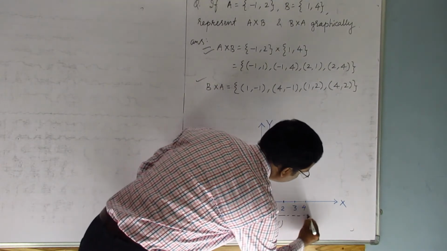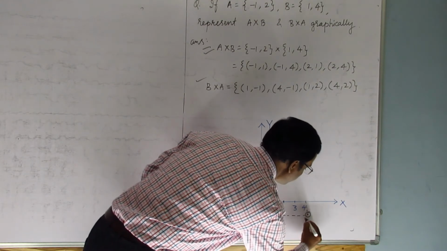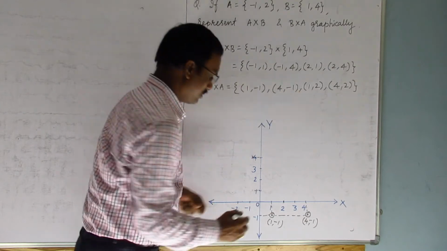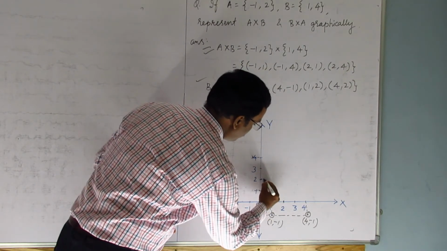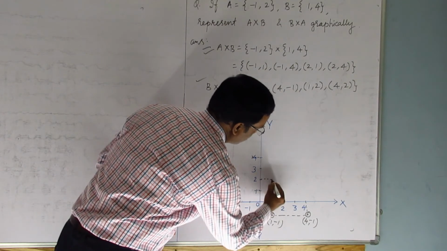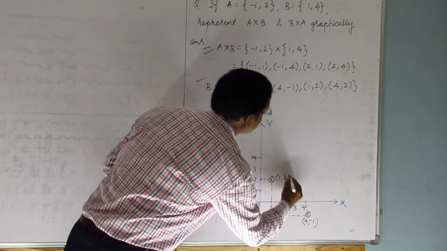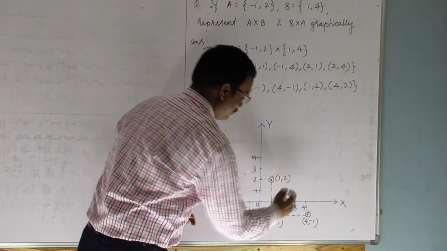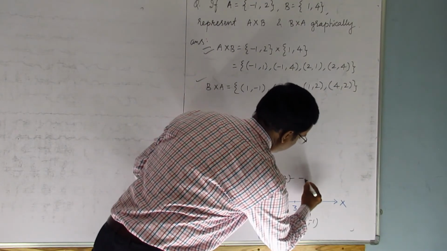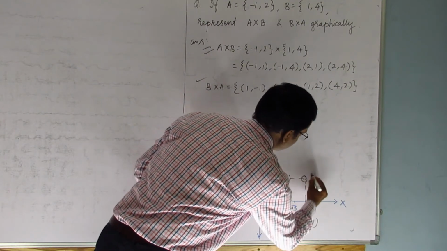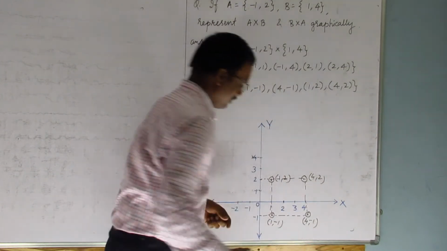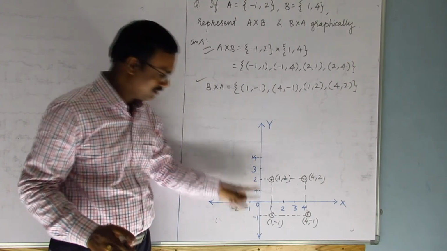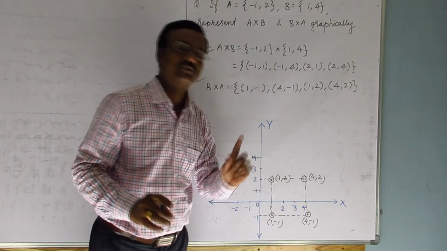So it will come over here. Then (1, 2): x coordinate 1, y coordinate 2. This is (1, 2). And then (4, 2): x coordinate 4, y coordinate 2. So this is the point (4, 2). So this is how we can show the four points in Cartesian product B cross A.